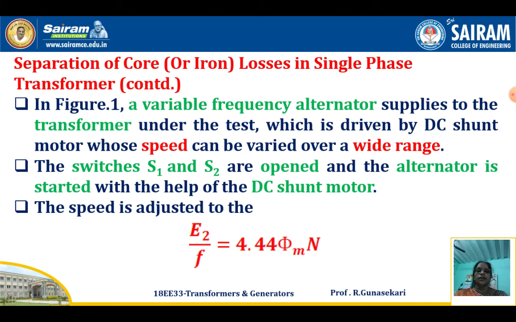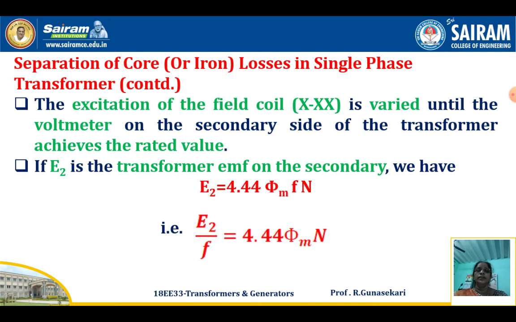Then the speed is adjusted so that E2 by F is equal to 4.44 phi m into N, because speed is directly proportional to voltage and frequency. Then the excitation of the field coil, denoted X in the circuit diagram, is varied until the voltmeter on the secondary side of the transformer achieves the rated value.